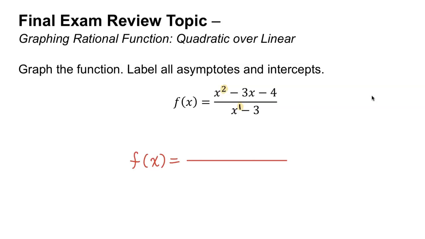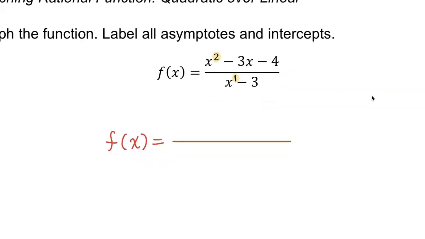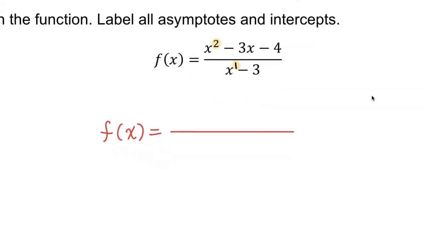Sometimes if they simplify, then it may leave a hole in the graph instead of a whole vertical asymptote. I'm going to try to see if I can factor the numerator to see if x minus 3 will cancel, okay? So, two numbers that multiply to be -4, but I want them to add up to -3.